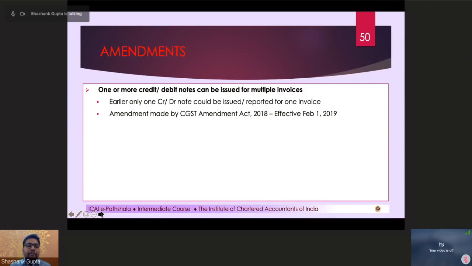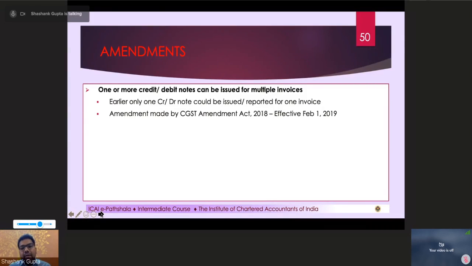So, basically, for every invoice, suppose I am making supplies to Hindustan Unilever. I have made 10 supplies to Hindustan Unilever. I would have raised 10 invoices to Hindustan Unilever. And now, against those 10 invoices, I have to raise a debit note.